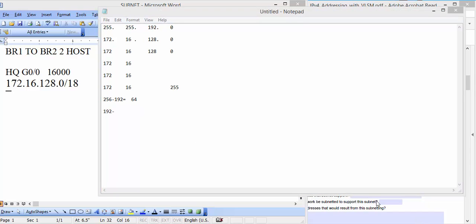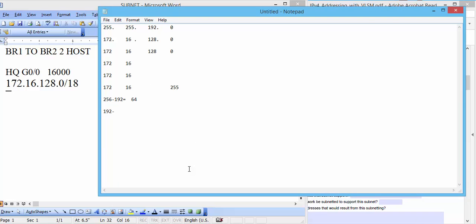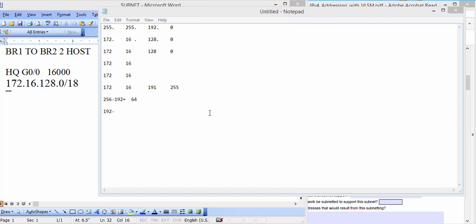So our last bits here are going to be 191, because the next one is going to be 192. The one before 192 is 191. So we simply take this last bits and put it in our third octet as a broadcast address.